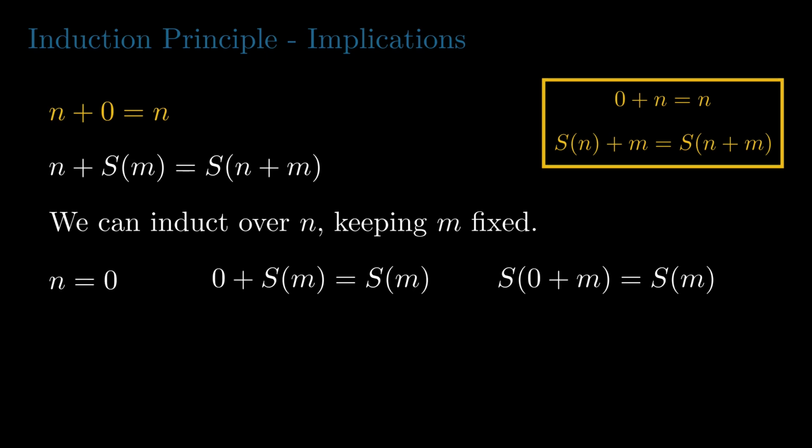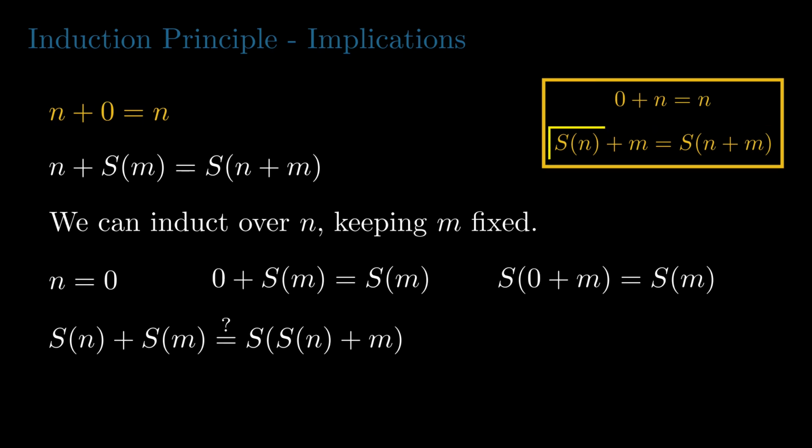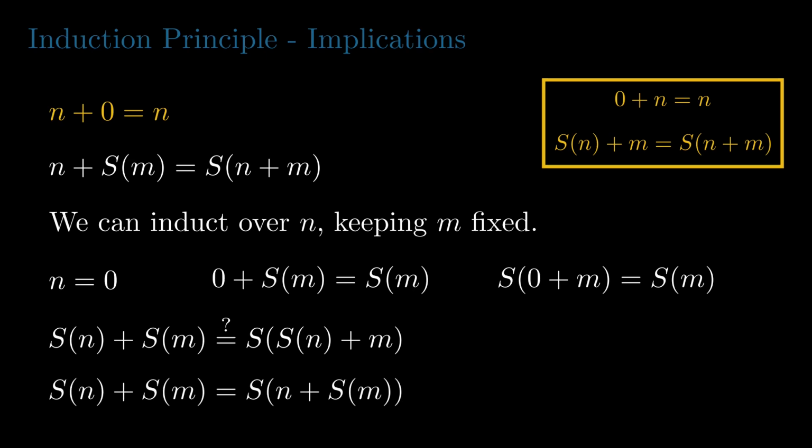Fast forward, assuming the expression n plus S of m equals S of (n plus m) for a given n, is it true for S of n? The expression becomes S of n plus S of m equals S of (S of n plus m), where we have just switched n with S of n. We must prove it. By the second property of addition, S of n plus S of m can be written as S of (S of n plus m).